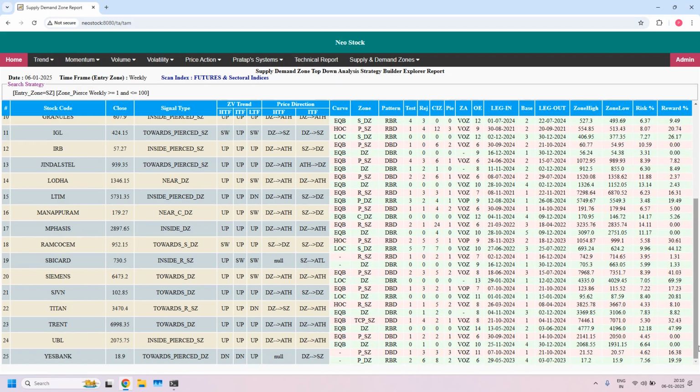So total 25 stocks with pierced supply zones are filtered. These are all pierced supply zones. Look into Yes Bank. Both the zones are pierced. That means at present prices are moving between the pierced zones for Yes Bank.